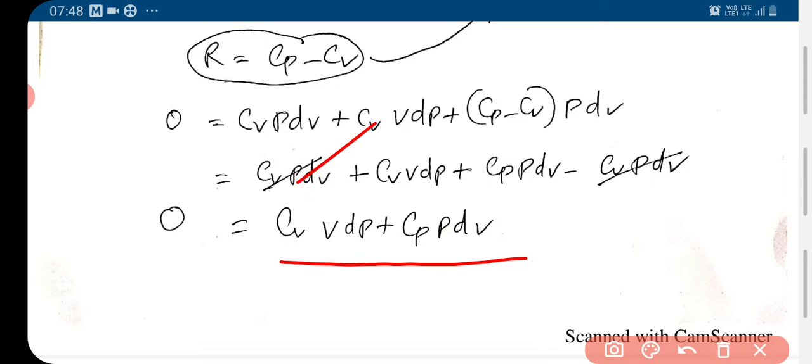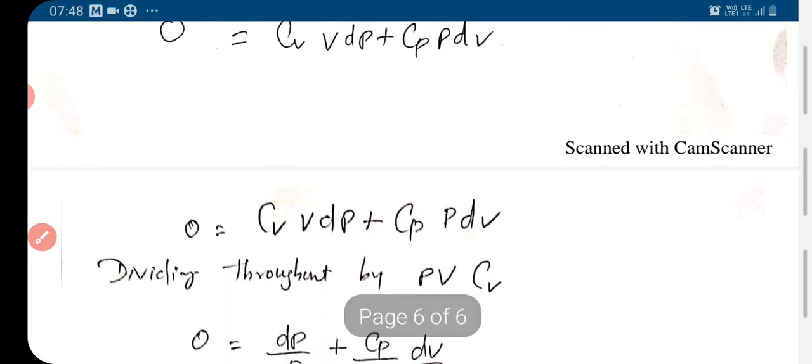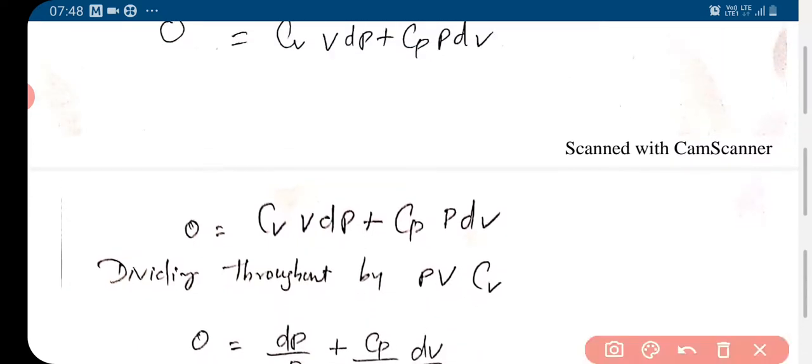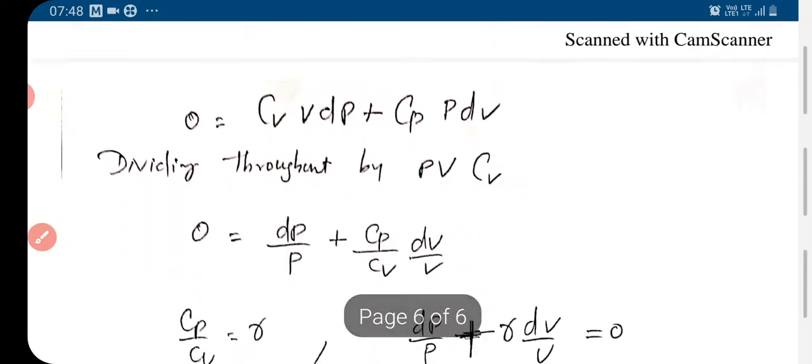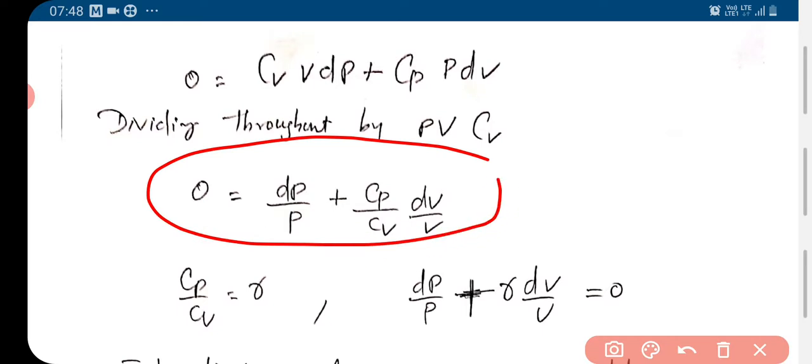These terms get cancelled, leaving Cv V dP plus Cp P dV. We divide throughout by P V Cv, so we have 0 equal to dP by P plus Cp by Cv times dV by V.